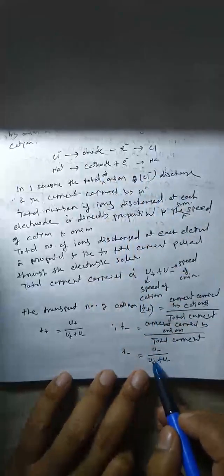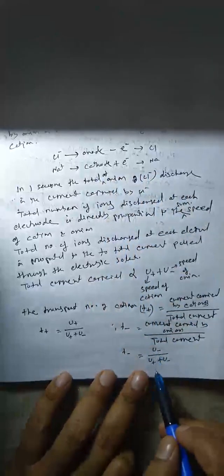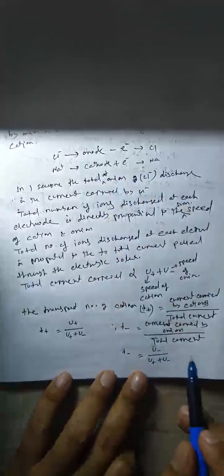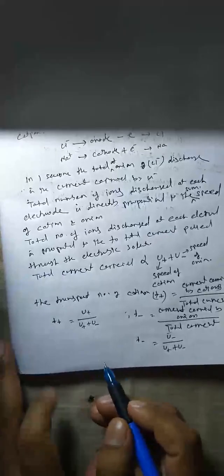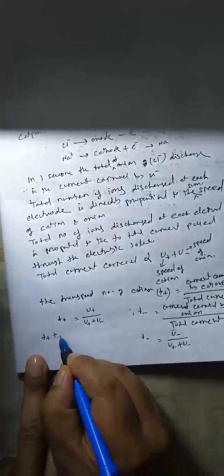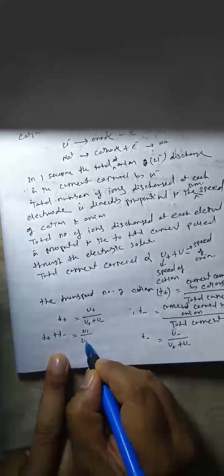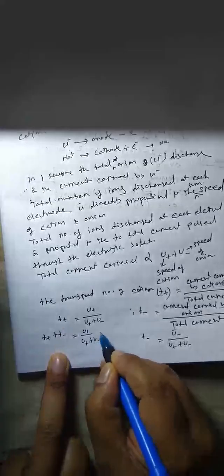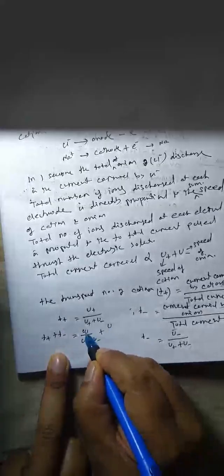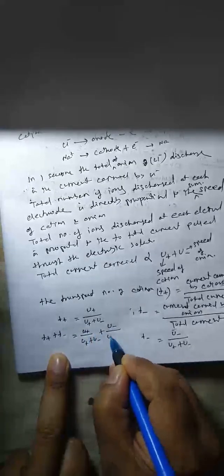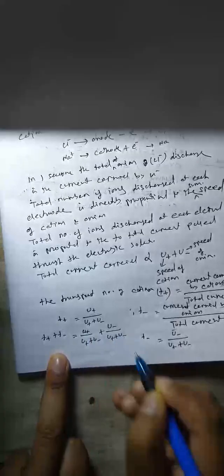So we write here U minus divided by U plus plus U minus. This is the total current. This is the current carried by the anion. Then the transport number of cation plus the transport number of anion is equal to U plus divided by U plus plus U minus, plus U minus divided by U plus plus U minus.